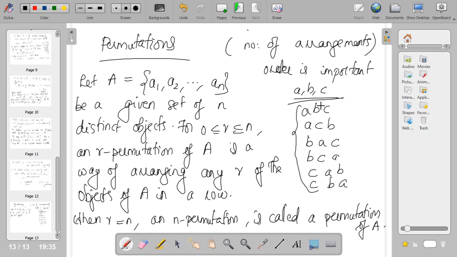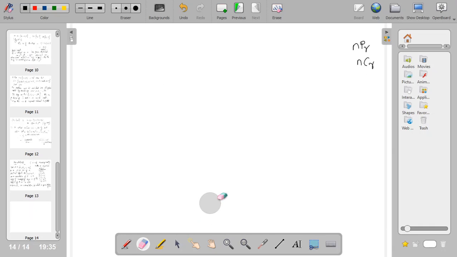Now let us see how we get the formula for permutations. Now here we use the notation you usually use, NPR and NCR for permutation and combination. So here we are going to use a slightly different notation, which is what we followed in our textbook.